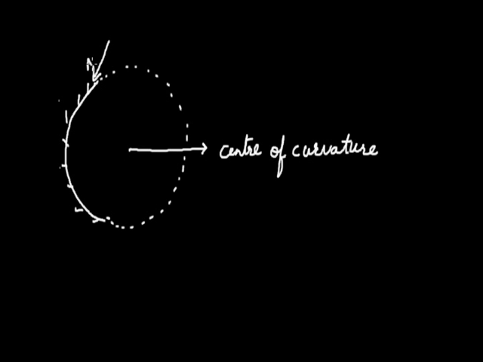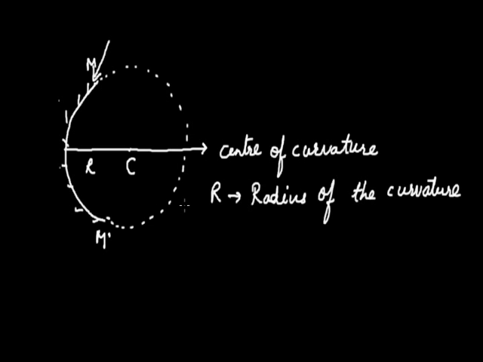Let's name this concave mirror MM', and this surface MM' is actually a part of the sphere whose center of curvature can be located by use of the original sphere, and it is C. Now this constant distance from the center of curvature to the surface of the mirror is denoted by R, and R is the radius of curvature. It is the radius of the sphere from which the concave mirror has been cut out.